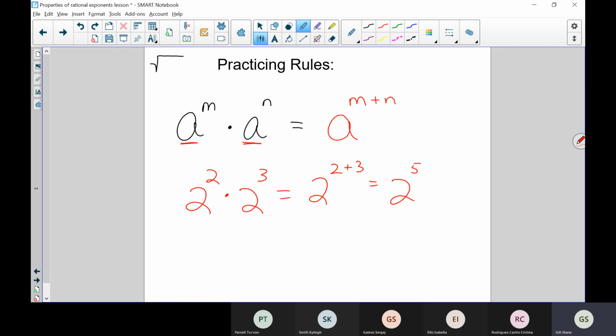That's what the rule says right there. If I did the math, you would see it works out, because that's a 4. 2 to the 3rd is 8. So that would equal 32, right? 4 times 8 is 32. Well, if I do 2 to the 5th power in a calculator, that's also equal to 32.